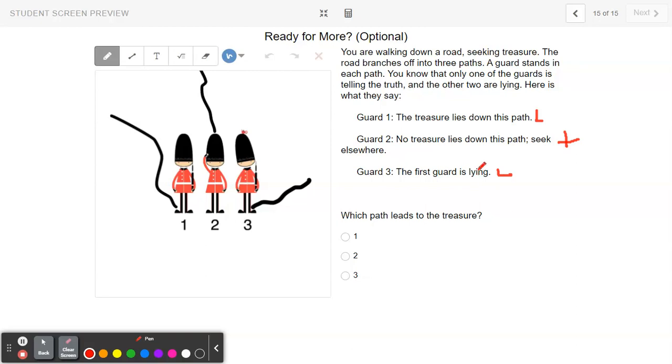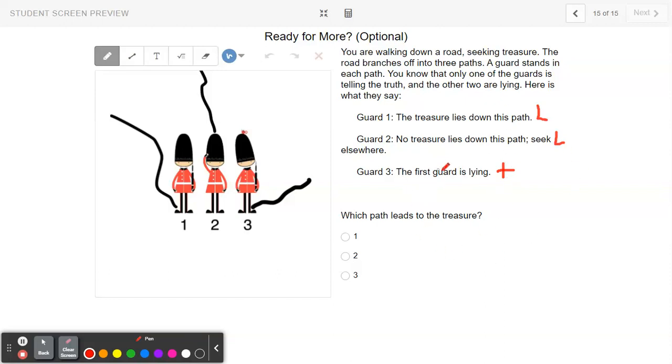So the first guard's lying. But if the first guard's lying, that means he's telling the truth, and we already know that he's lying, which can't be true. So now we know that he's lying and he's lying, which means he has to be telling the truth.